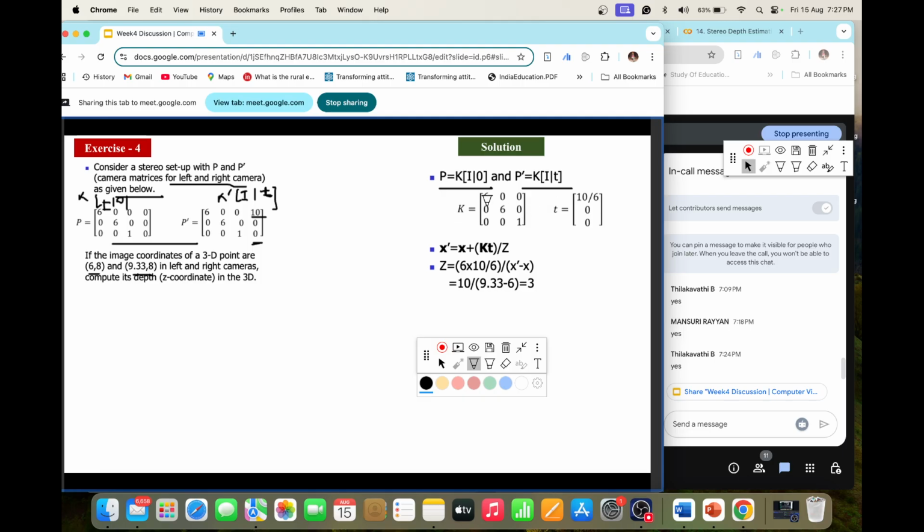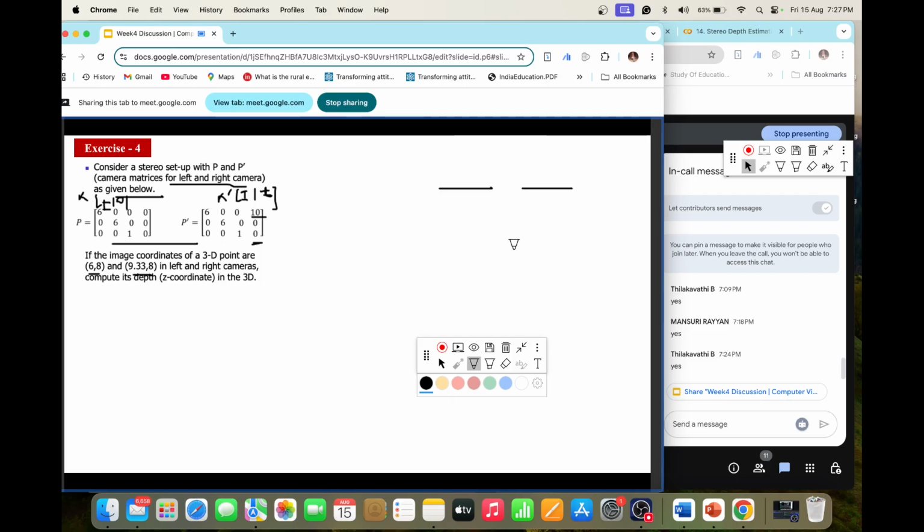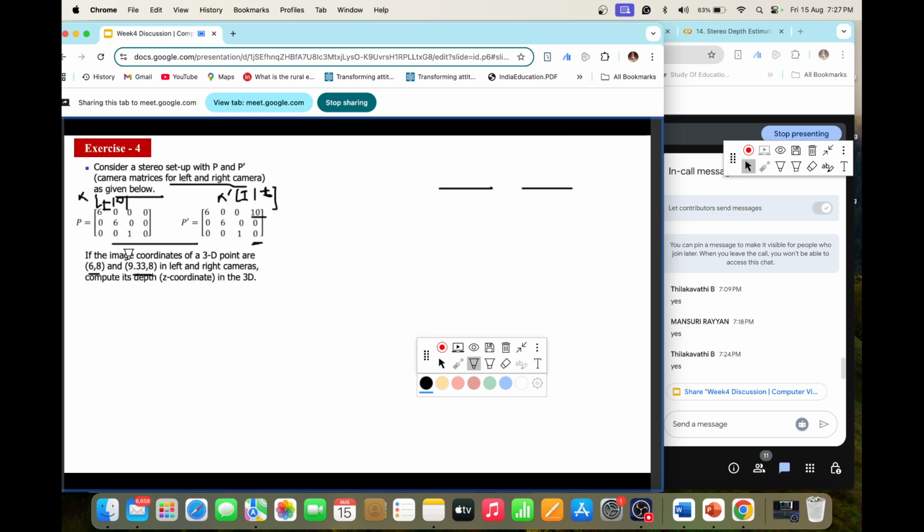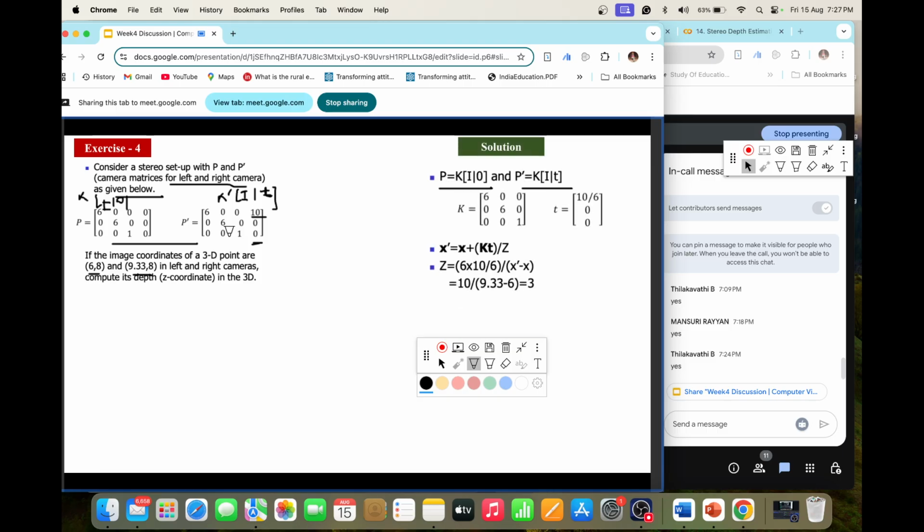So what we are interested in is Z, which is given by this formula: Z is equal to f tx divided by x minus x dash. We have f given, and you can easily see in both matrices that f is 6. Then we have f into tx, and tx is also known, that is 10 by 6.